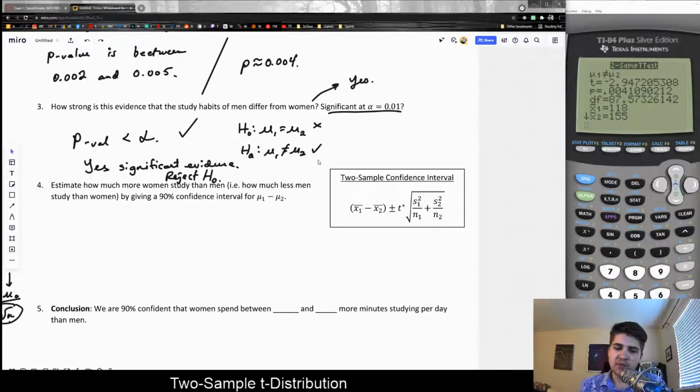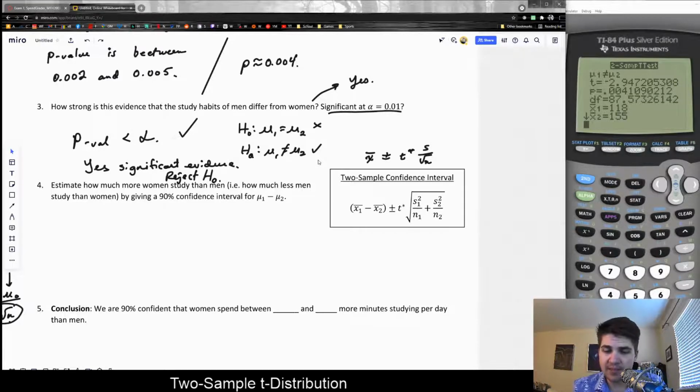And we could do that by using a confidence interval formula. Noticing the difference, if we look at the confidence interval from chapter 10 for a T confidence interval, we took the sample mean and then added our critical value times the standard error. And notice it's exactly the same for two means.